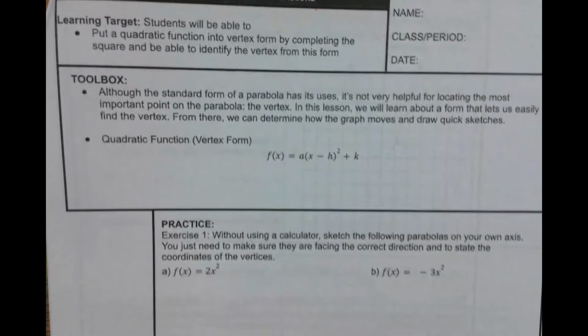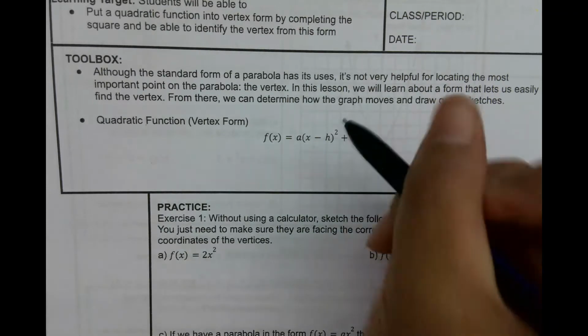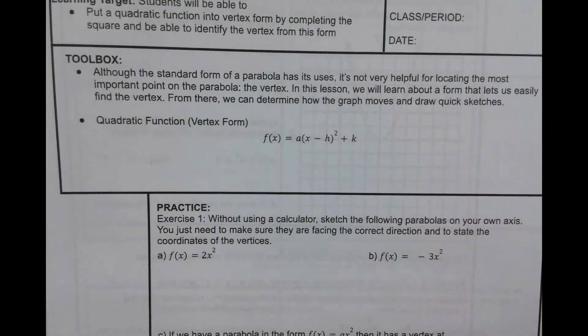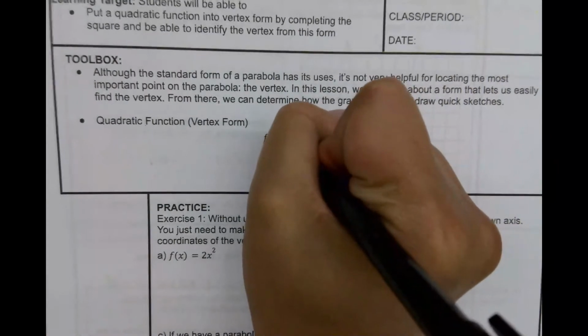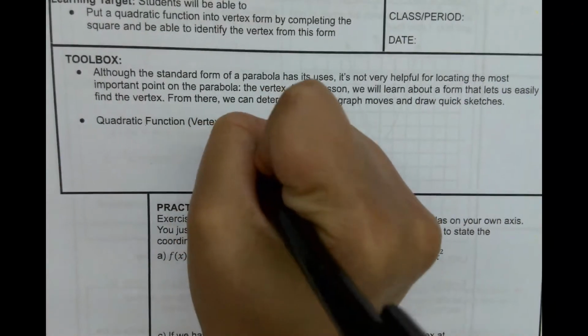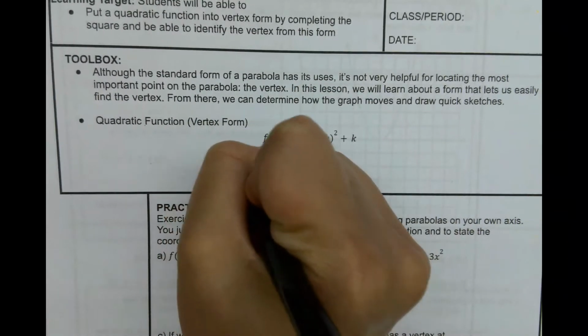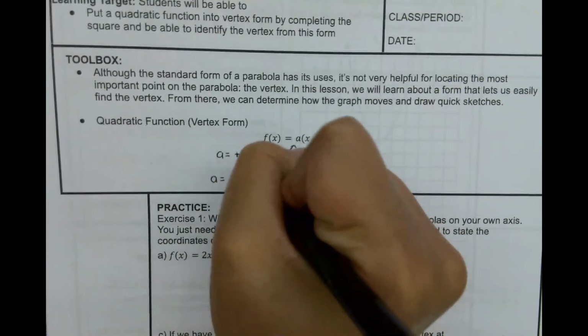Okay? So our quadratic function in vertex form is f of x equals a times x minus h squared plus k. Right? So a, we learned before that if a is positive, our graph will open up. If a is negative, our graph will open down, right?